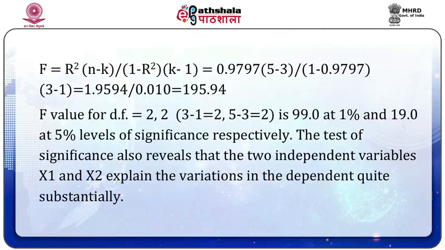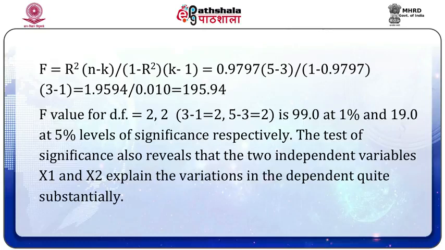F is equal to r square into n minus k upon 1 minus r square into k minus 1, which is equal to 0.9797 into 5 minus 3 upon 1 minus 0.9797 into 3 minus 1, which is equal to 1.9594 upon 0.010, which is equal to 195.94.